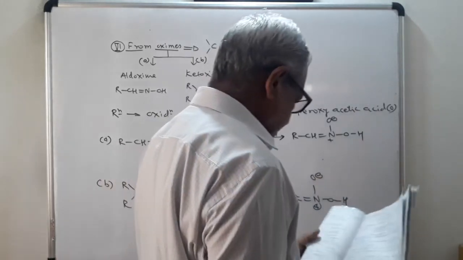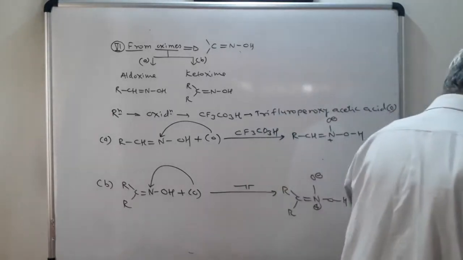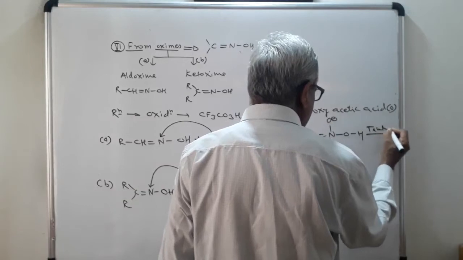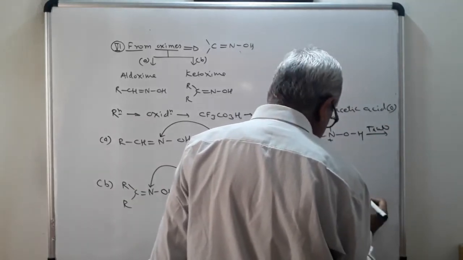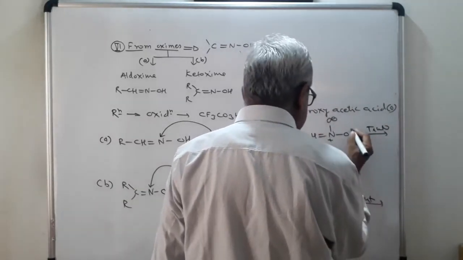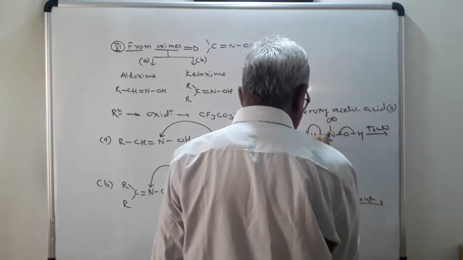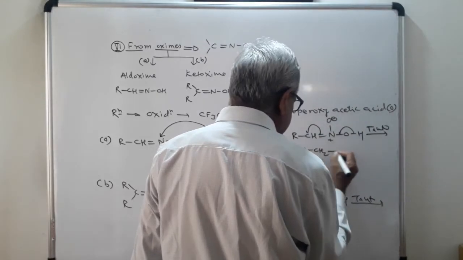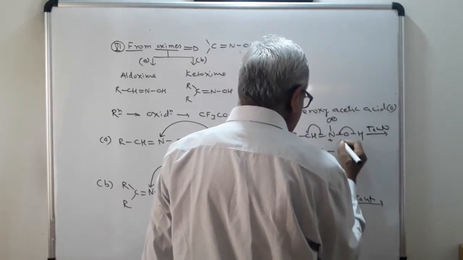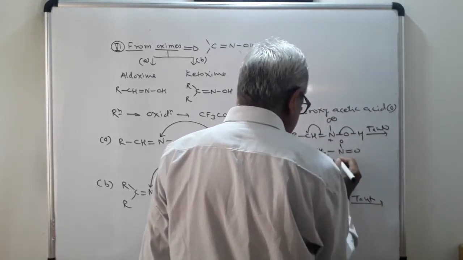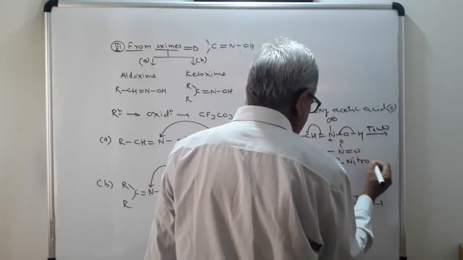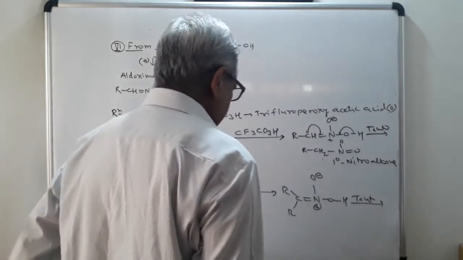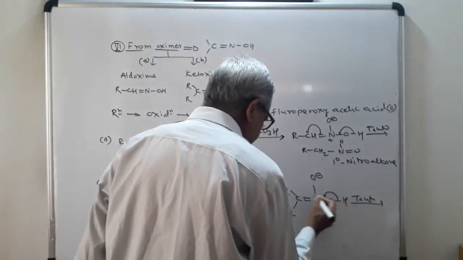Now it undergoes tautomerism. You will shift this one here and this one here. This hydrogen comes to this one. So what you will get here? RCH2NO2, the primary nitroalkane. Now again, shift this one, tautomerism.